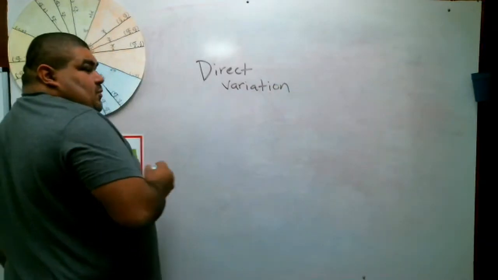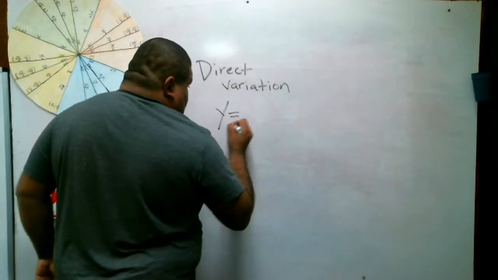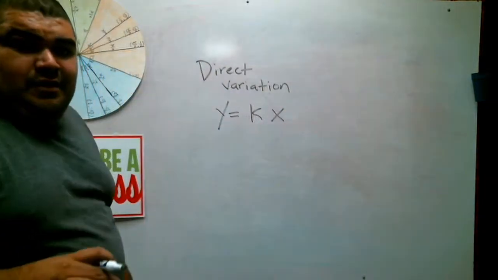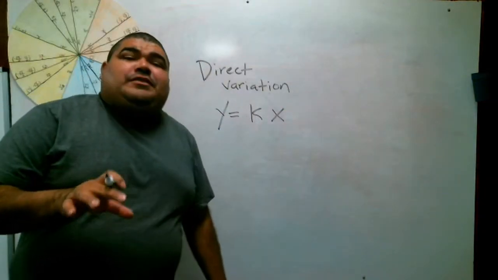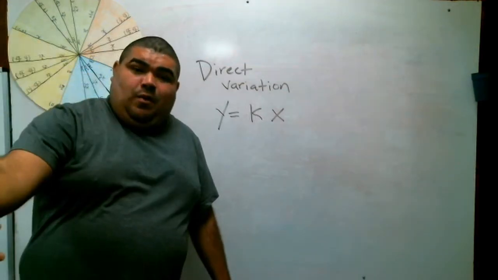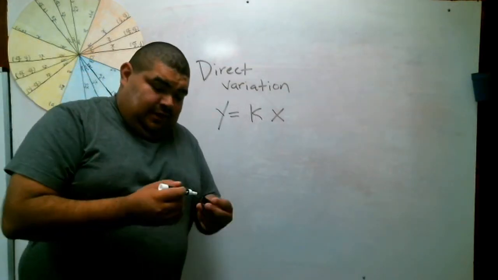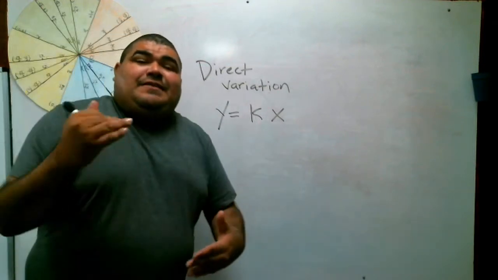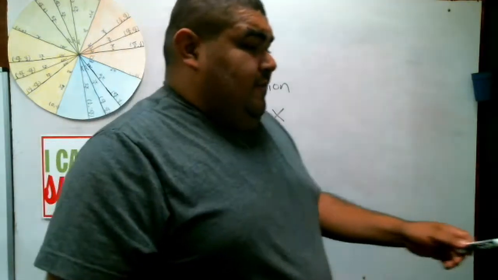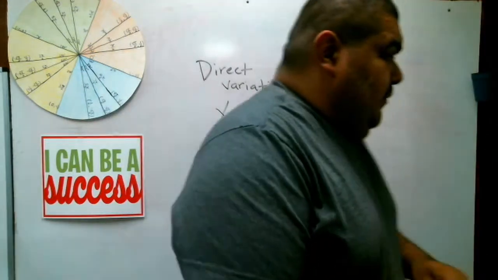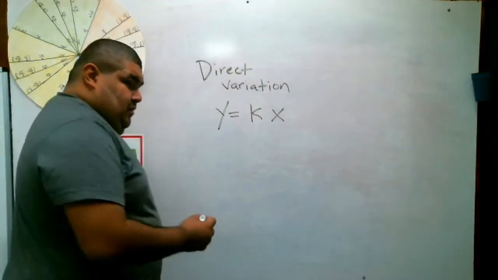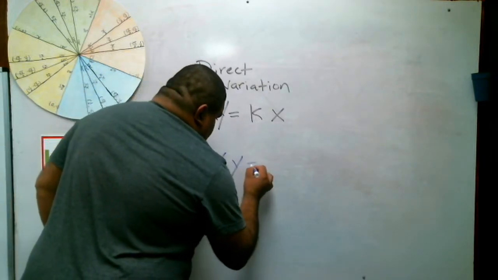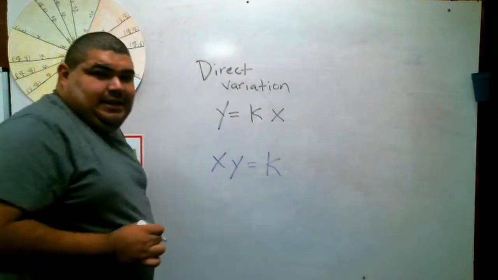For inverse variation, we're going to use y equals k over x. We're going to be given two variables, y and x, to an equation. For its inverse, the inverse of this equation is xy equals k.